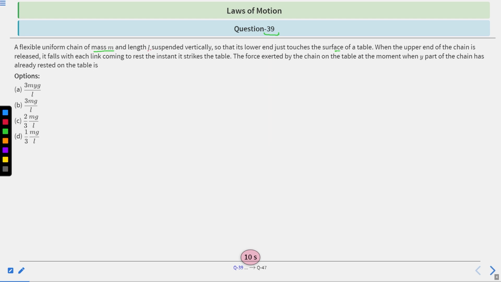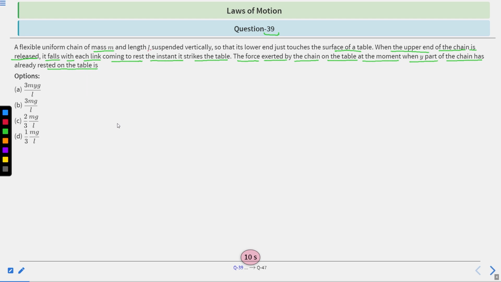When the upper end of the chain is released, it falls with each link coming to rest the instant it strikes the table. The force exerted by the chain on the table at the moment when y part of the chain has already rested on the table.